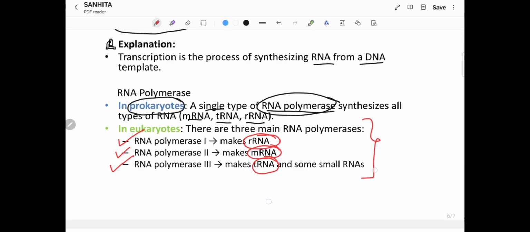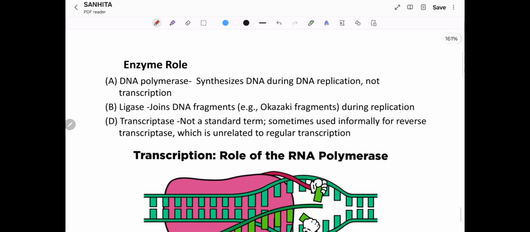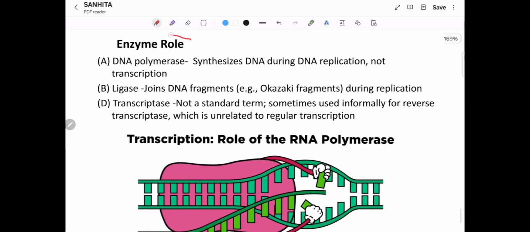Okay, and the roles of the other enzymes, why are they not correct? Because DNA polymerase synthesizes DNA during DNA replication. We already know this information from the previously solved question, right? And ligase, the new enzyme, joins DNA fragments, Okazaki fragments, during replication.